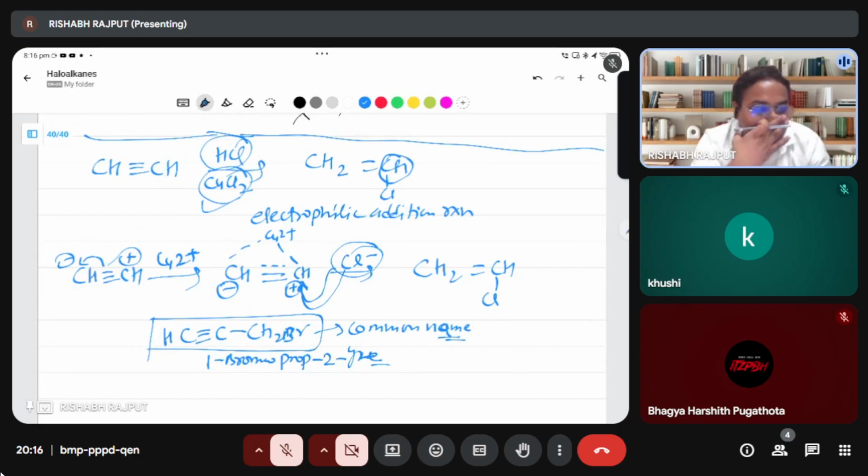After that, according to me, the Haloalkanes preparation part is clear now. I think I discussed all reactions related to the preparation part. The only remaining parts are the mechanism, the other mechanisms, and the properties, and then haloarenes. These three topics I have to discuss.